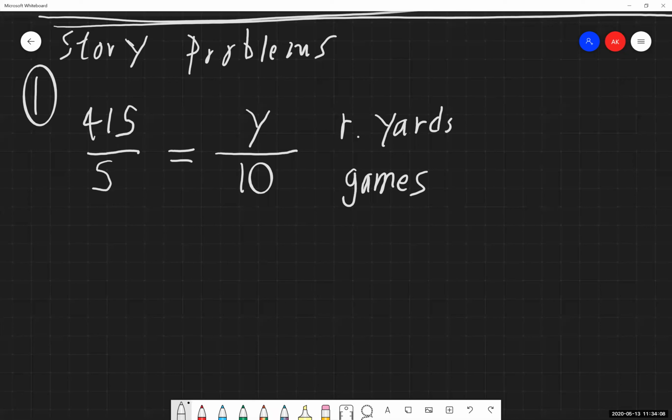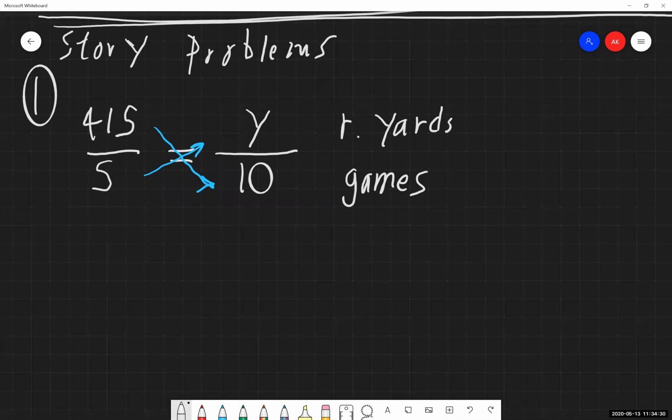So now we have a proportion set up for ourselves. In 5 games, he ran 415 yards. In 10 games, he ran Y many yards, which is exactly what we're going to solve for right now. So again, I have a fraction equals a fraction. I can cross multiply. I'm going to write this out for myself.